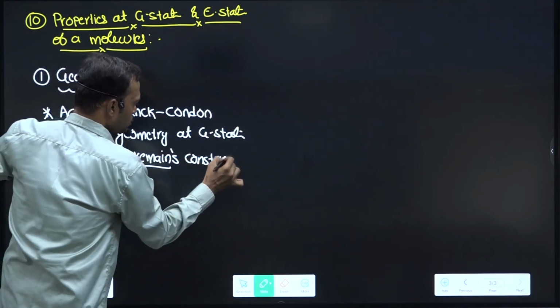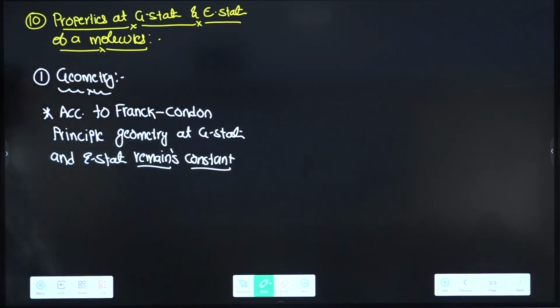When geometry remains constant, what about physical and chemical properties? Physical properties also remain the same. So that is the advantage of getting the same geometry.